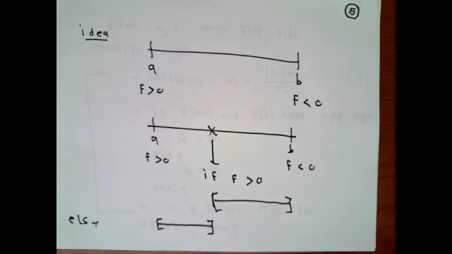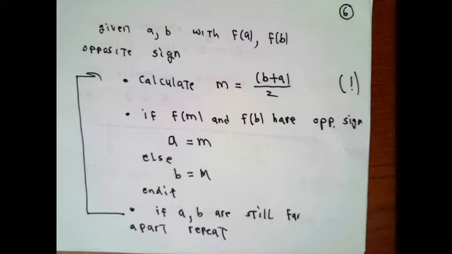Our strategy is to pick some representative point close to the middle, or maybe the actual midpoint, look at its function value, and decide: do I keep this half or do I keep that half? So starting with an appropriate a and b, calculate the midpoint. We'll have to talk about some details later.